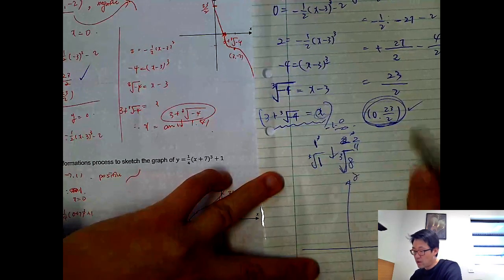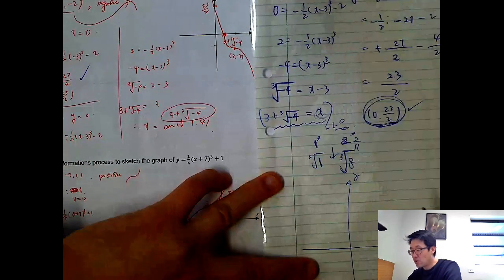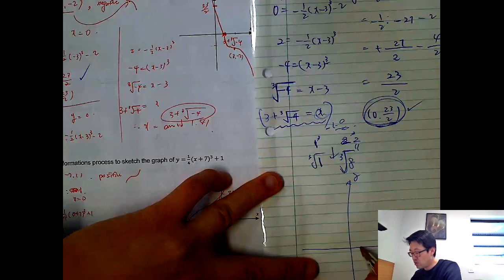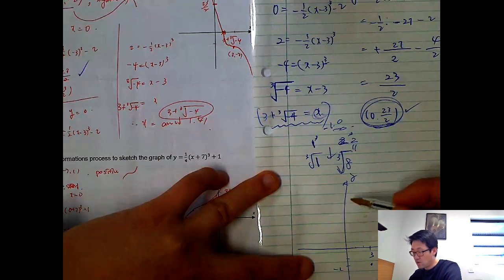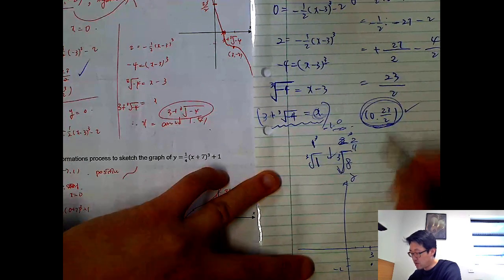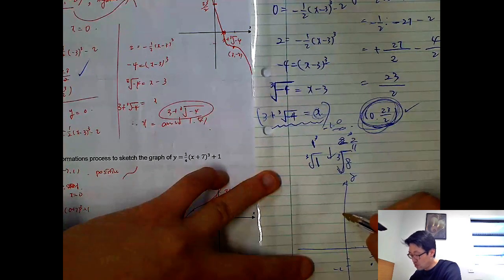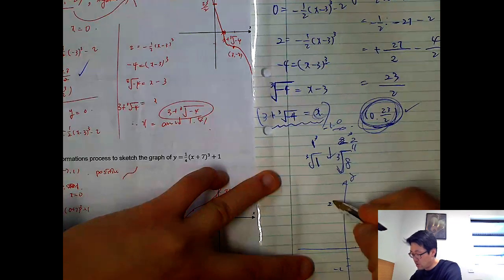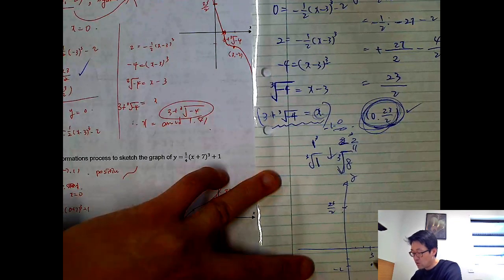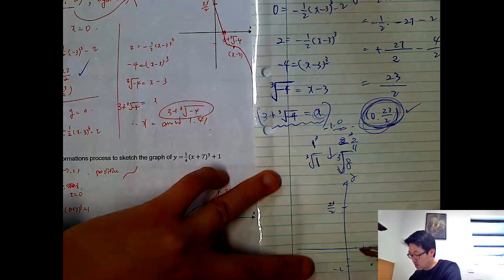The point of inflection is (3, -2). 1, 2, 3. It's minus 2 here, and it is negative. According to that, the y-intercept is 23 over 2, so around 11, I'll just put it here. And the x-intercept is around 1 point something, wasn't it?